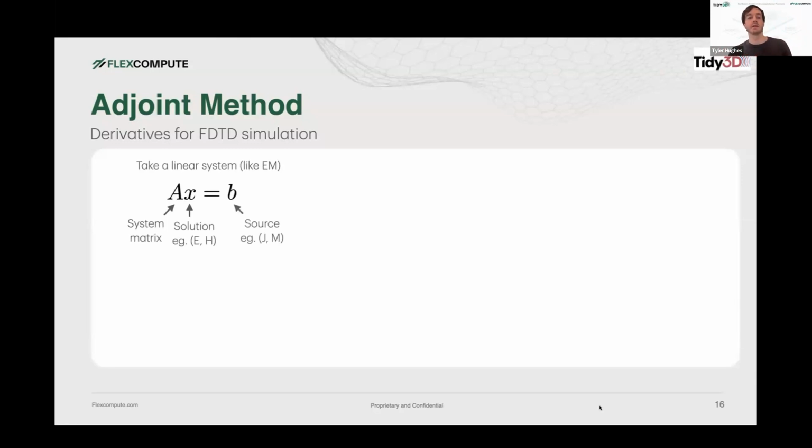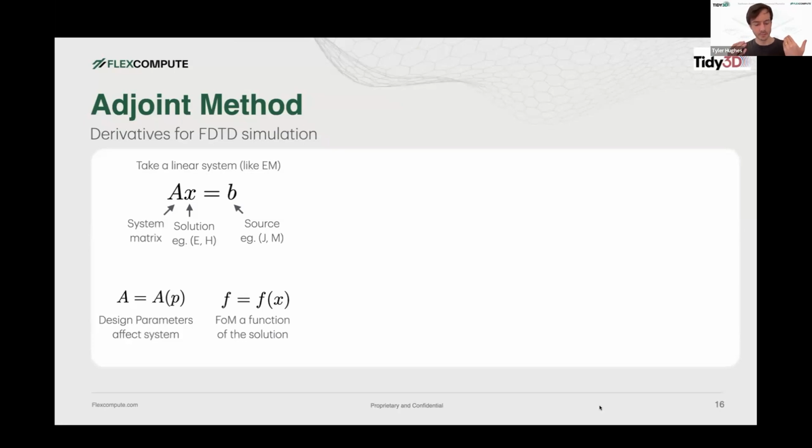And then B is a vector that is just the source, the current source driving the system. The design parameters, p, of course, like our geometric and material parameters, affect the system matrix. And then the figure of merit that we want to differentiate at the end is a function of the solution X. It can be a function of p too, but for now, let's just pretend it's just X.